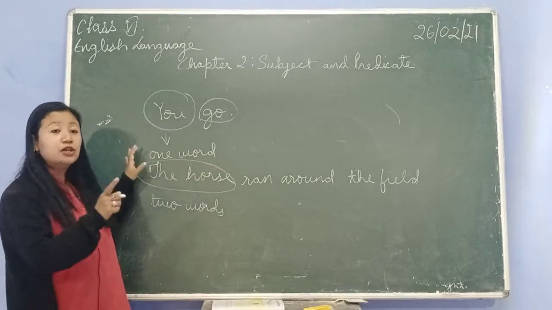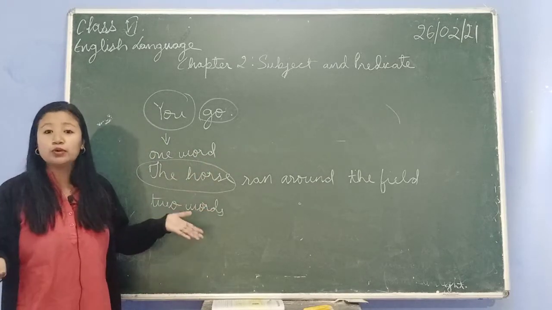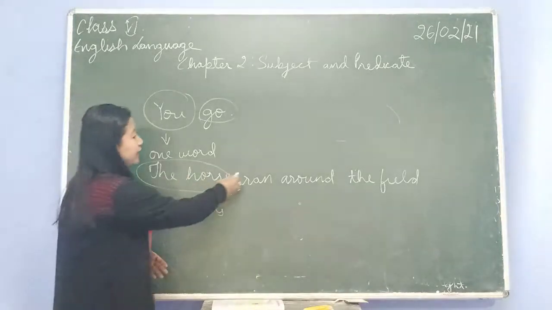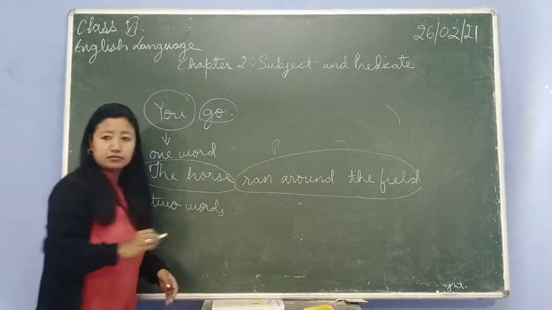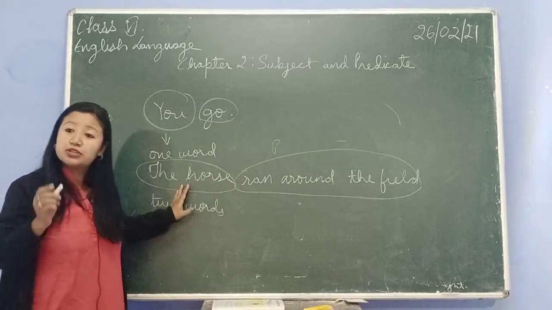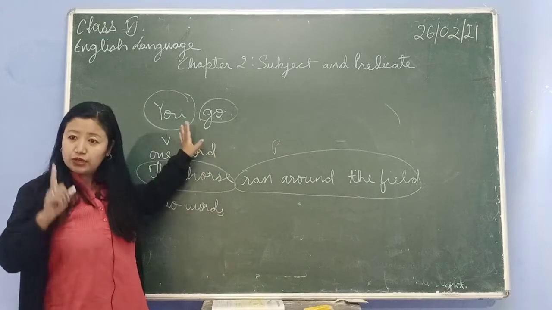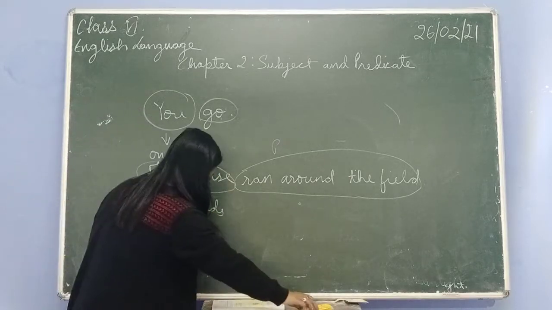So you can have one word or two words, or more than one word as subject. So "ran around the field" will be your predicate, what the subject is doing.